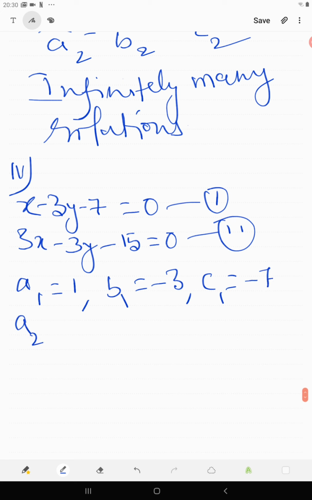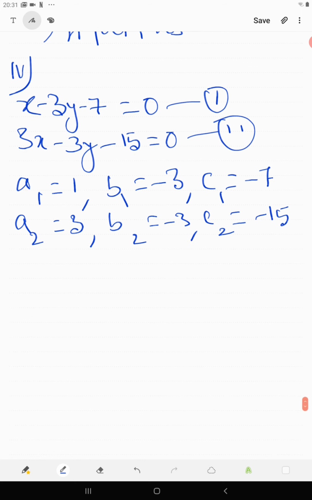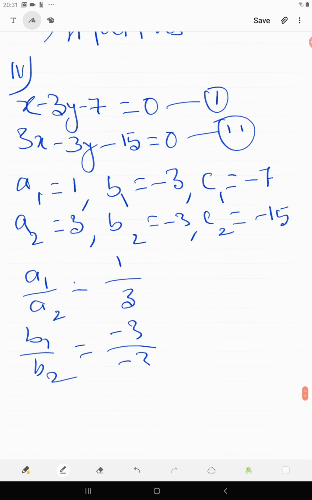Now a2 equals 3, b2 equals minus 3, and c2 equals minus 15. So a1 by a2 equals 1 by 3, b1 by b2 equals minus 3 by minus 3. Minus minus cancel, 3 by 3 is 1.